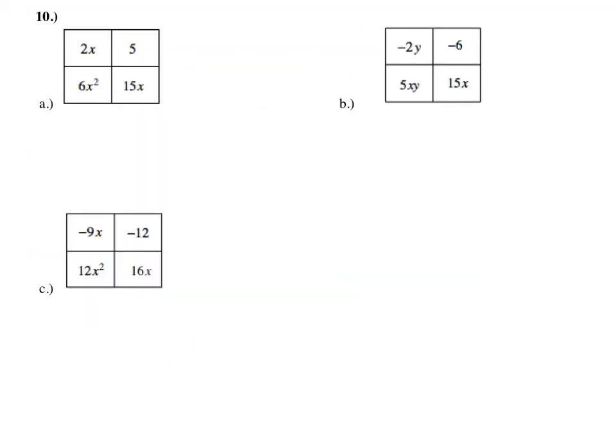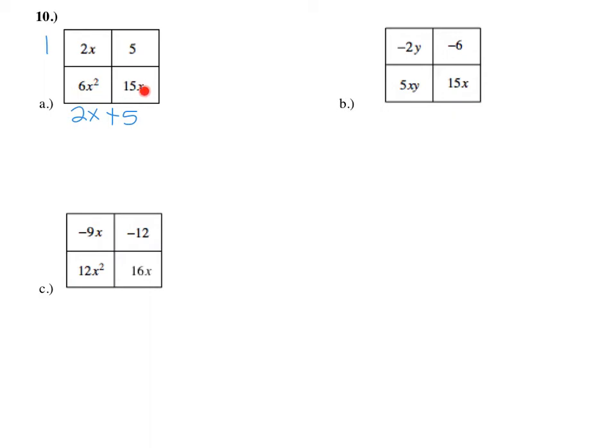So let's take a look at a couple of rectangles that are already built, and we just have to pull out the dimensions. So 2x and 6x squared, both divisible by 2x, 5 and 15x, both divisible by 5, so I pull out a 5. 2x and 5, the only thing they have in common is 1, and I can also think about it as 1 times 2x gets me the 2x, and 1 times 5 gets me the 5 I need there.